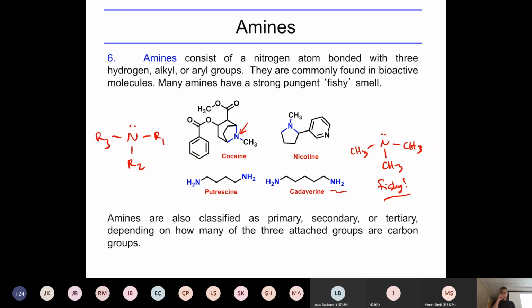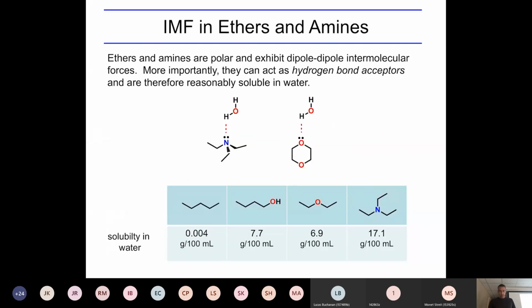Amines are primary, secondary, or tertiary, depending on the number of carbon groups. Amines and ethers both can be hydrogen bond acceptors, but amines can be hydrogen bond donors as well if there's an NH.